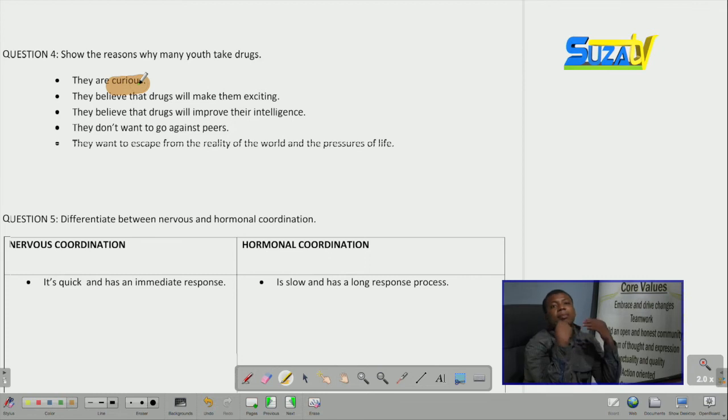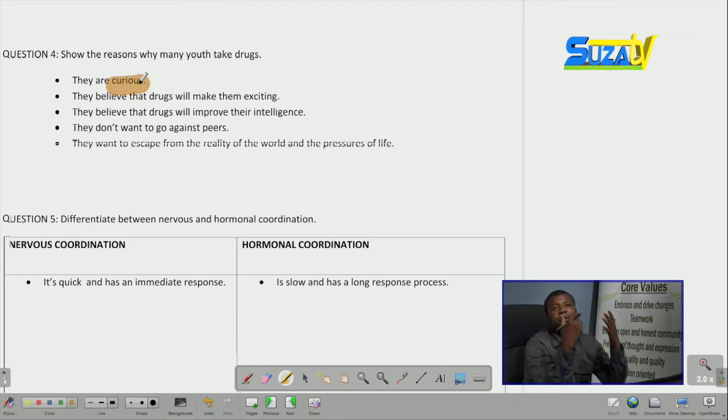Many youth or adolescents are in a period where they're curious to know, what happens if you take drugs? What happens if I start smoking bang? What happens if I start drinking alcohol? What happens if I start using heroin or cocaine? A young person is mostly curious about what occurs when they use it.